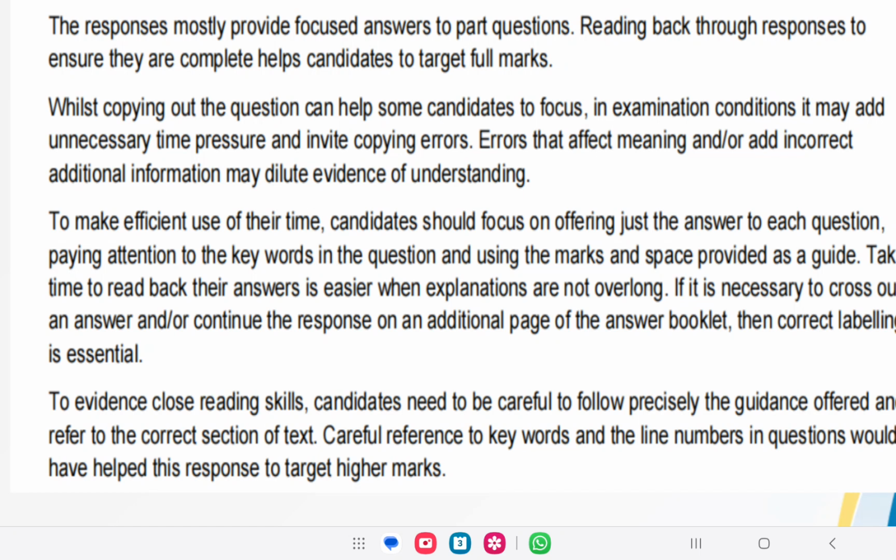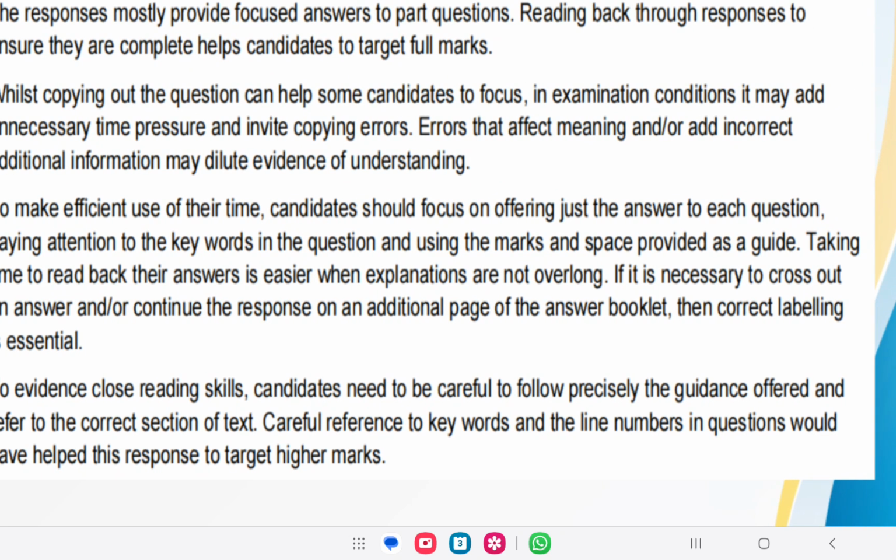To make efficient use of their time, candidates should focus on offering just the answers to each question, paying attention to the key words in the question and using the marks and space provided as a guide. That means if one line is given, one line is the answer. If 2 lines are given, 2 lines is the answer. Do not go for more than that.